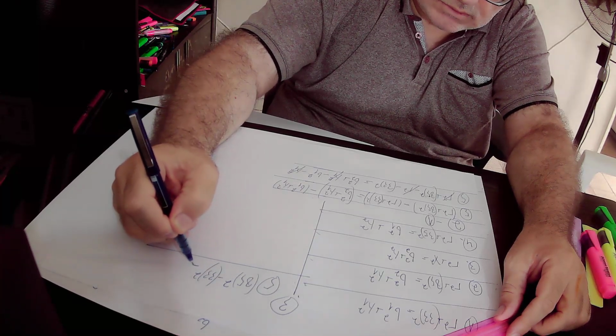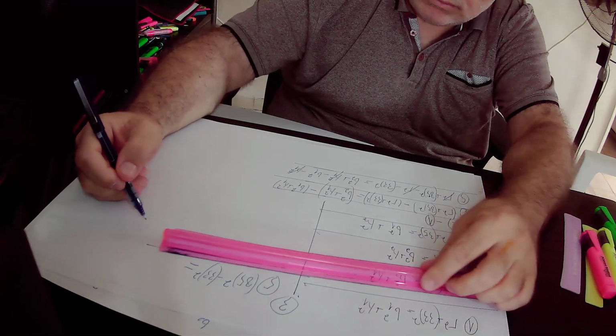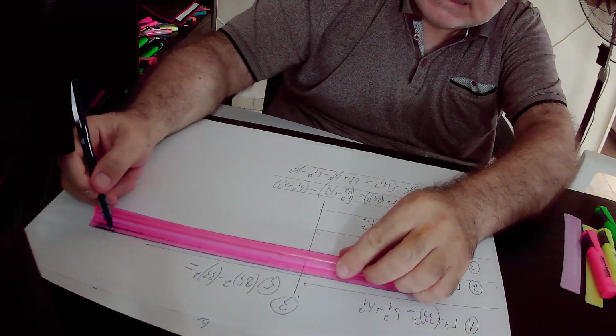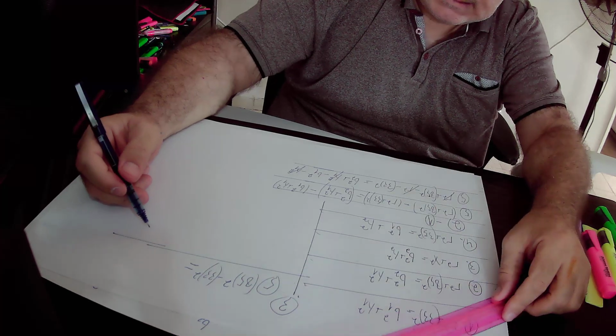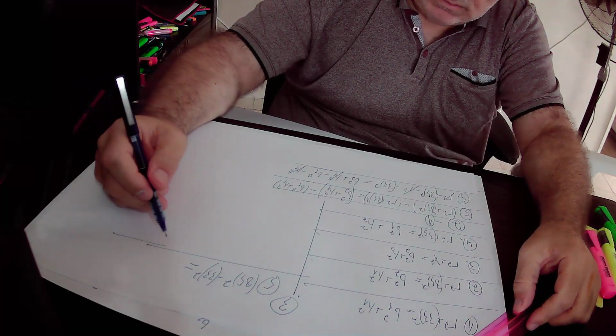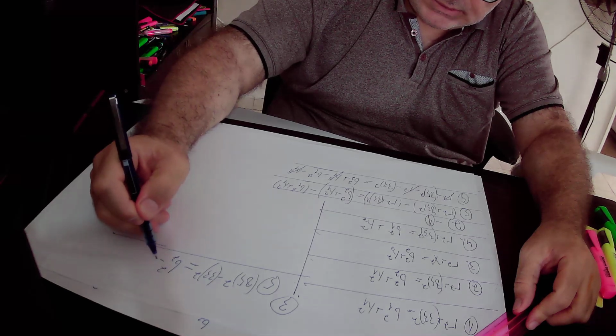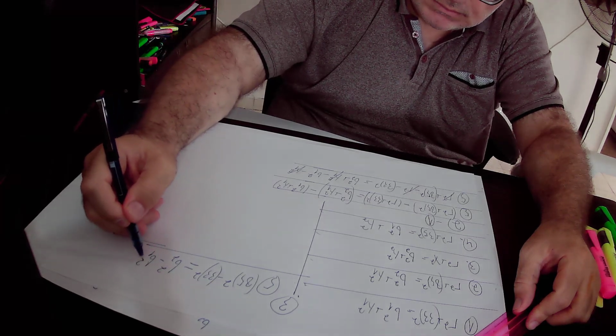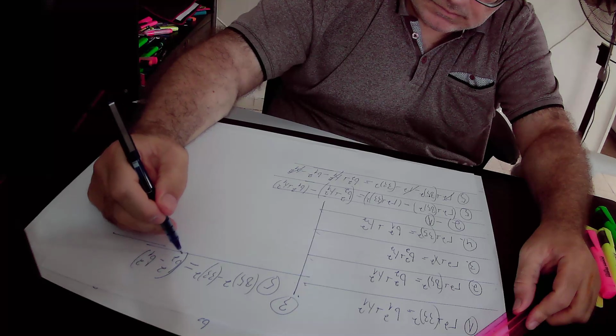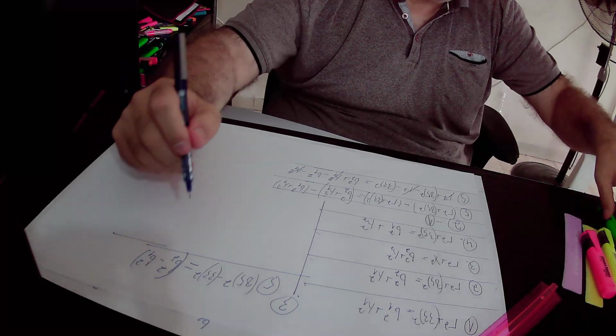On the other side of the equation, it is equal to b2 squared minus b1 squared. Okay.